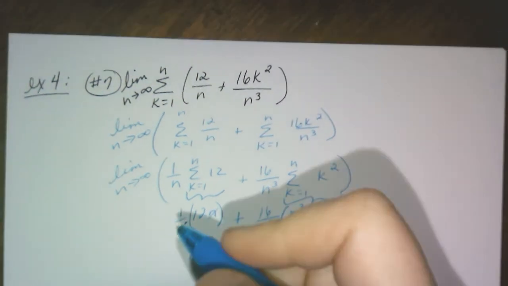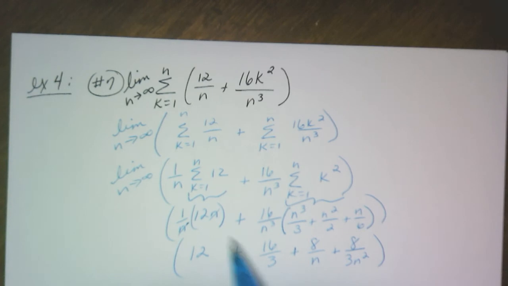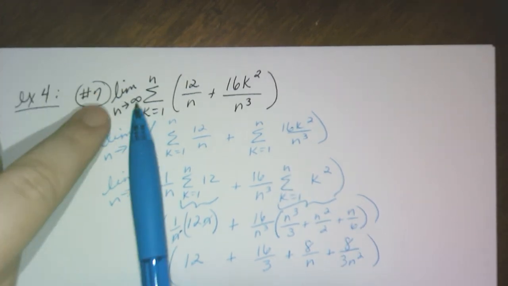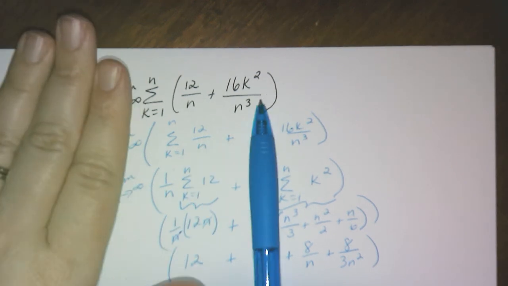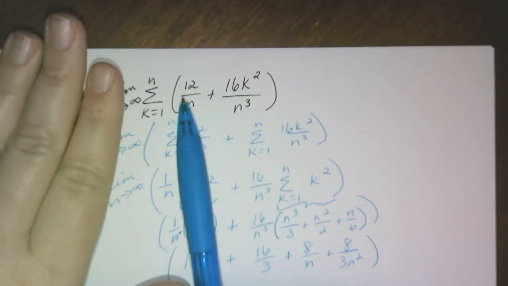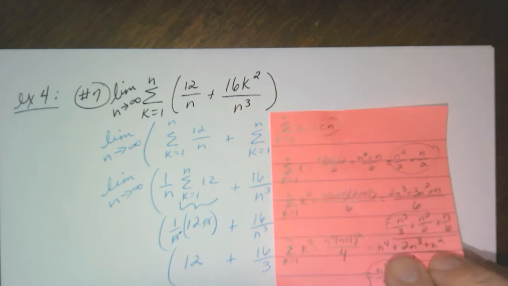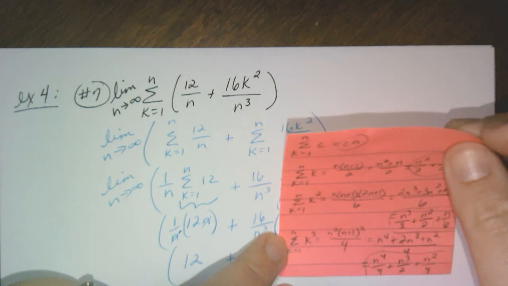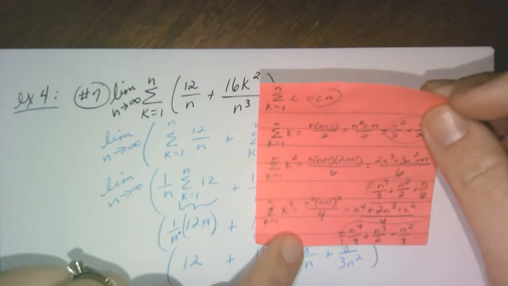So what, again, are we doing here? I know this seems so complicated, but you'll see what happens at the end in a minute. All I did is put this extra notation of limit as n goes to infinity, but you've done this part. You try to make this look like a sticky note, either just a constant or just a k or just a k squared or just a k cubed.